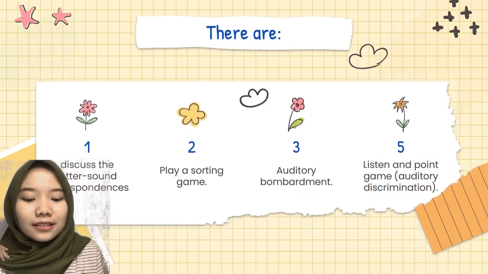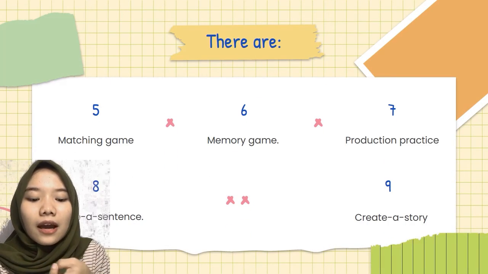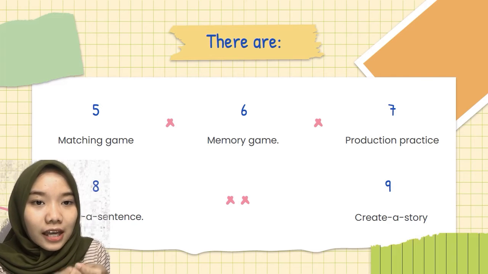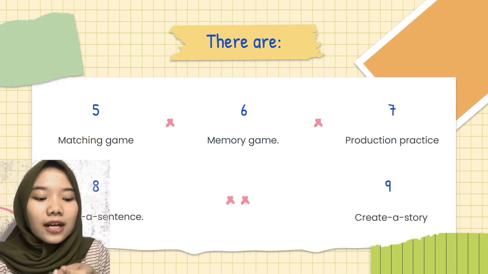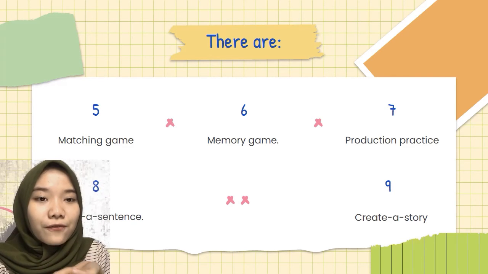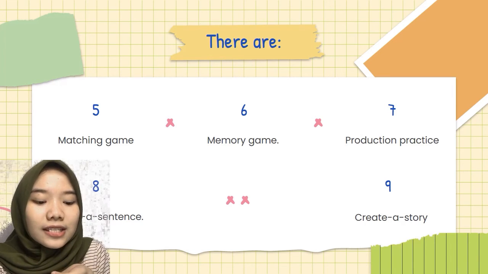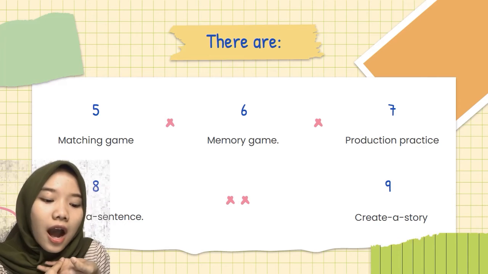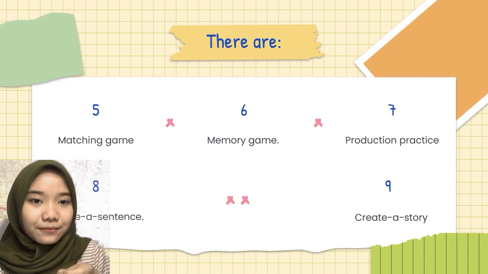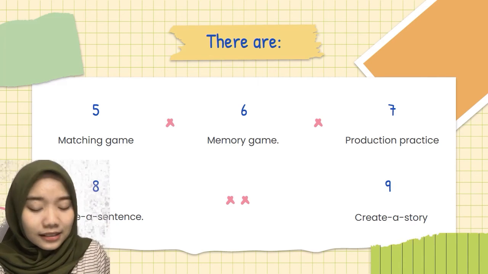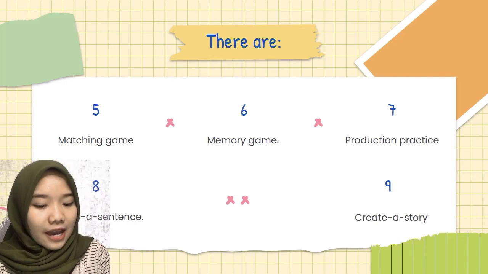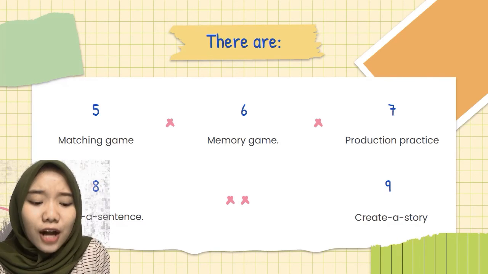Okay, next, memory game. Cut pairs in half. Shuffle the cards and lay them in a grid face down. Play memory using the contrasting pairs, finding the two halves of a match. And next, matching game. Cut pairs in half too.